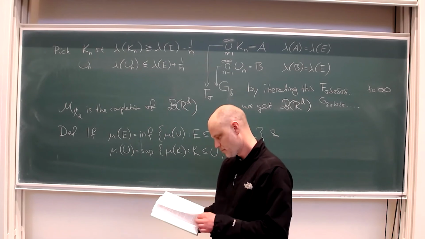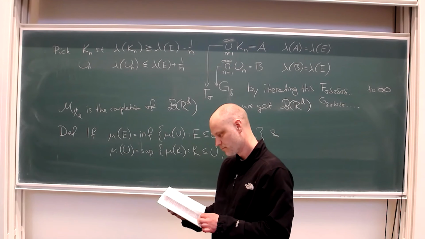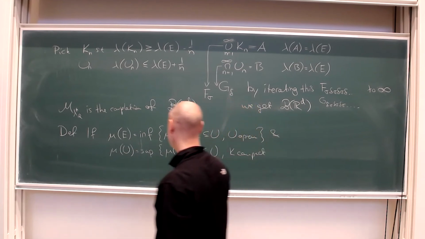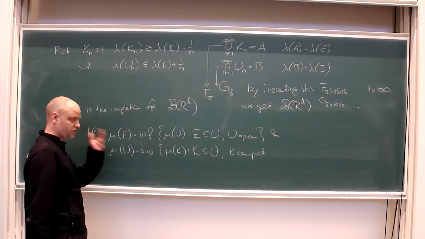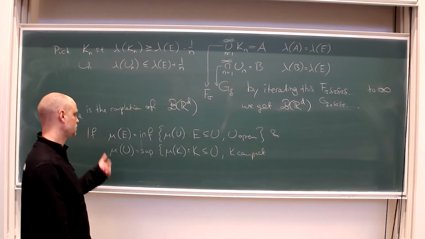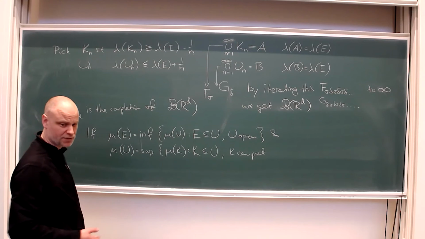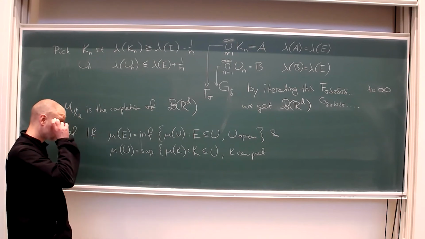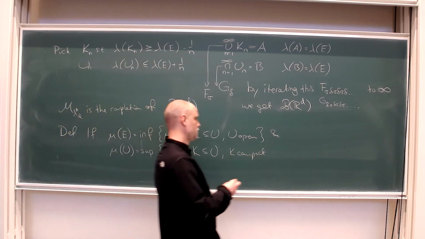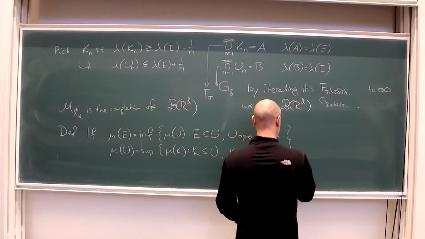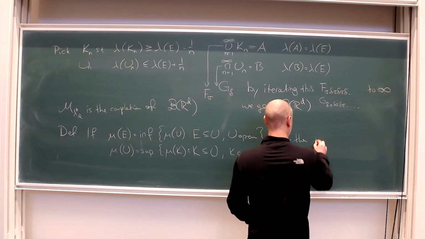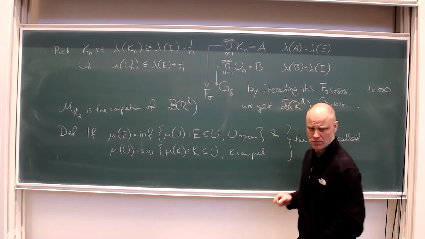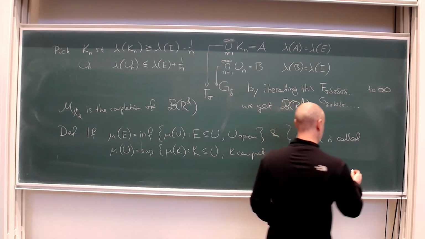Forget that. Each compact subset should have finite measure. We allow infinite measures, but the compact subsets should have finite measure. I don't write that on the blackboard, but here are the two key ones. So if these two hold, then mu is called regular.